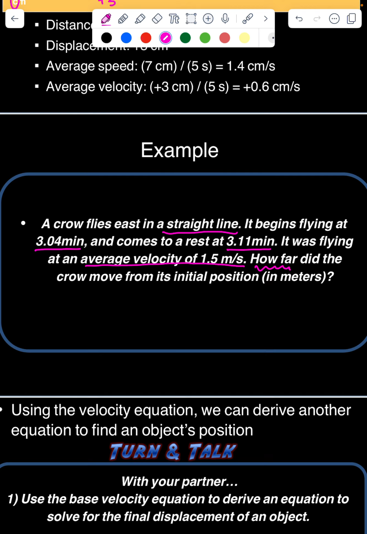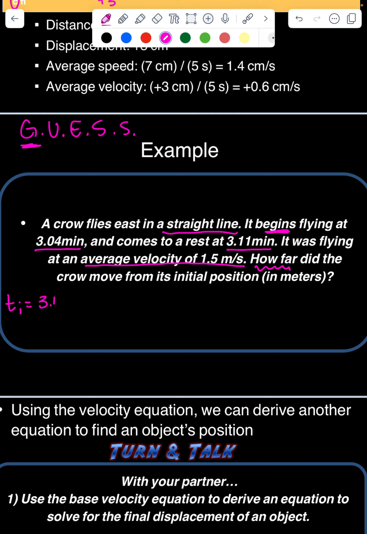So remember last year, just like in chemistry, we have to use our GUESS method. What's the first thing that we write down? Our givens. Okay, so it says that the crow begins flying at 3.04 minutes. If it begins flying, that's going to be our initial time.